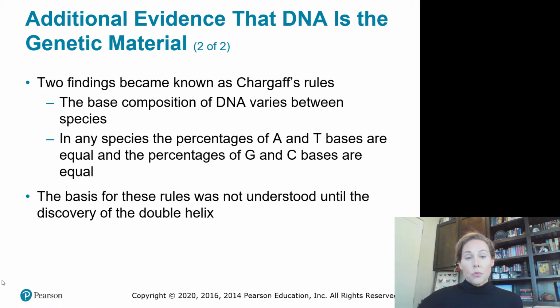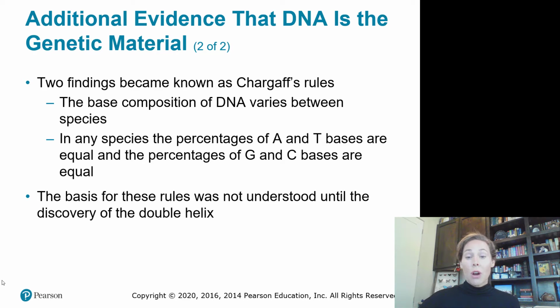Chargaff's two findings became known as Chargaff's rules. The first was that base composition of DNA varies between species. So our DNA is different than the DNA of dogs and the DNA of insects. Our DNA is what makes us different. The second was that in any species, the percentage of A and T bases is equal to the percentage of C and G bases.